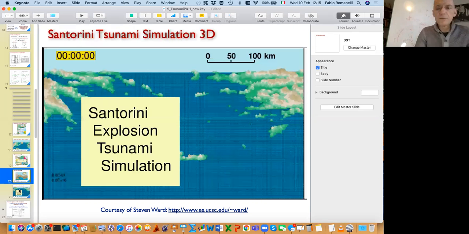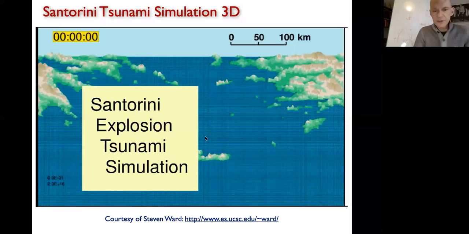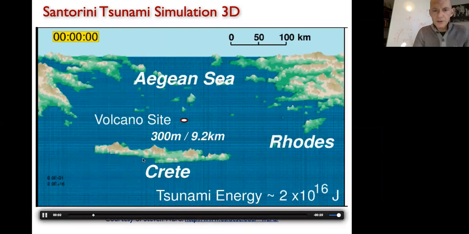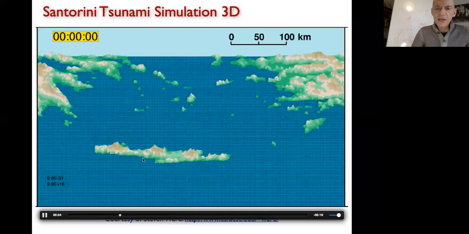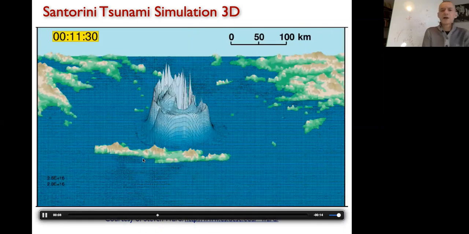And the final one, let's play this one because it refers to an historical event narrated by, like, the Santorini volcano explosion. Let's see if it is working. Yes, okay. So not only earthquakes, not only asteroids, but also large explosions.